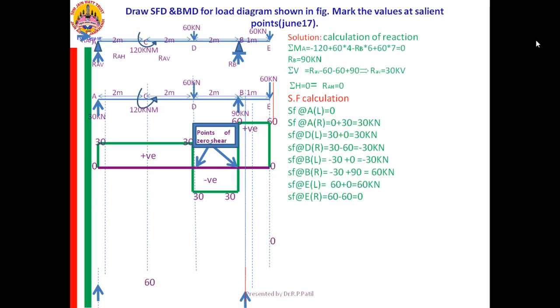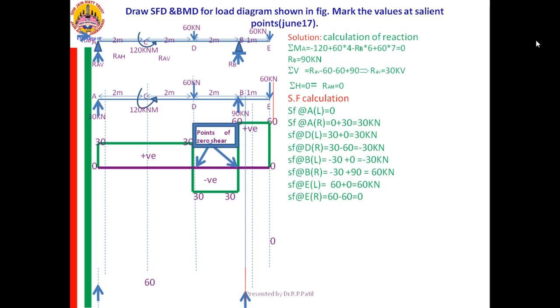In BM, corresponding points are important. What is the reason? At those locations, BM will be either maximum or minimum around that particular point. That is why those points are important.